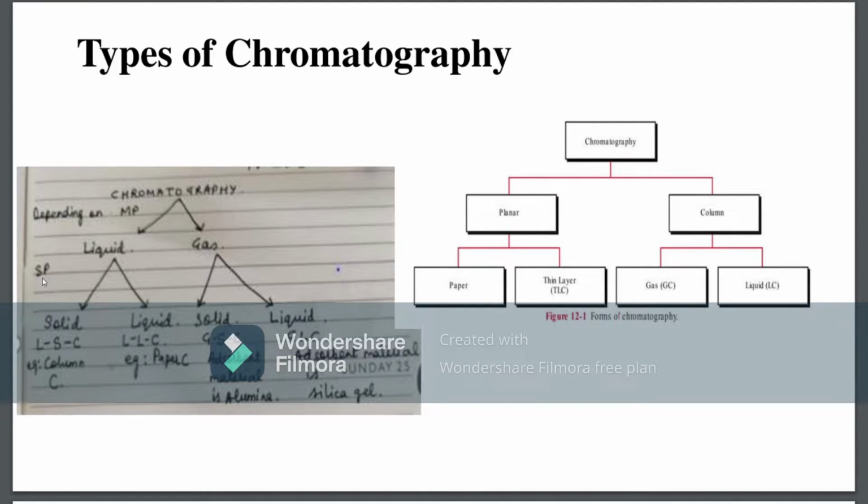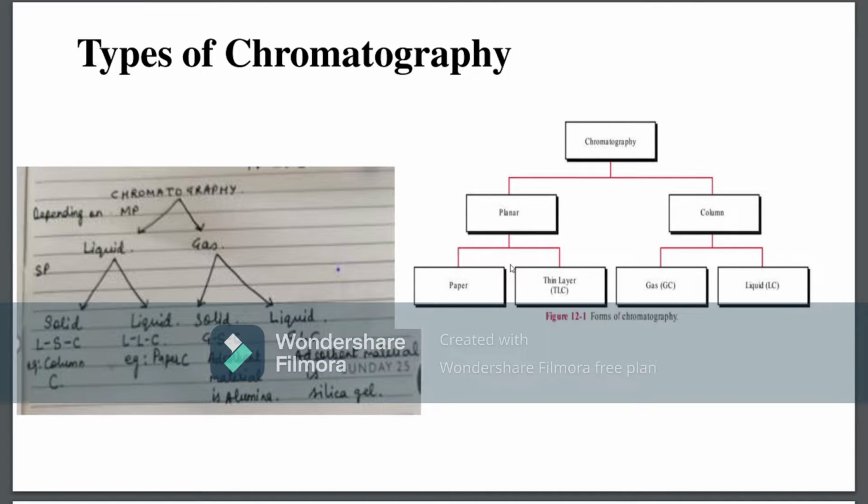And on the basis of the stationary phase, it is divided into solid and liquid, because you know that the stationary phase is a solid or a liquid supported on a solid.